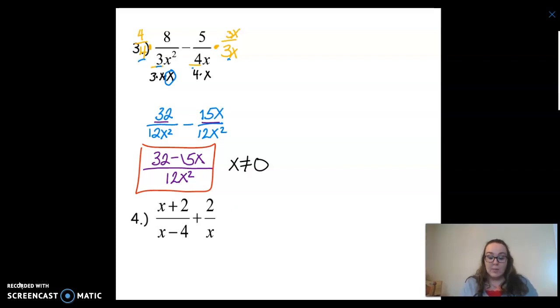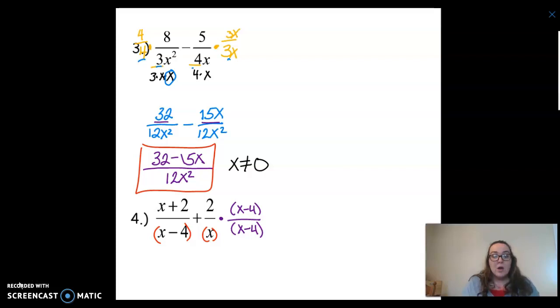So what I'm going to look at again is, what does that left denominator have? The left denominator has a quantity x minus 4. The right denominator has just x. So on the right side, it needs the entire quantity x minus 4.